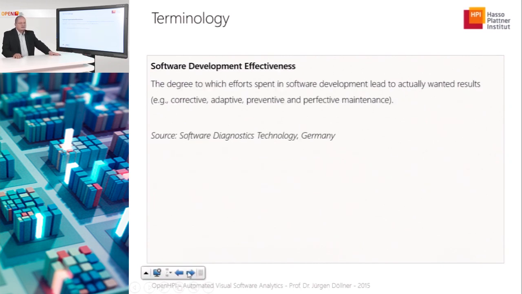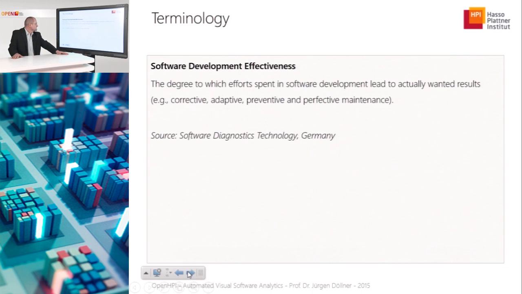There's another key term we have introduced. It's effectiveness. It denotes the degree to which efforts spent in software development lead to actually wanted results in terms of, for example, corrective, adaptive, preventive, or perfective maintenance.